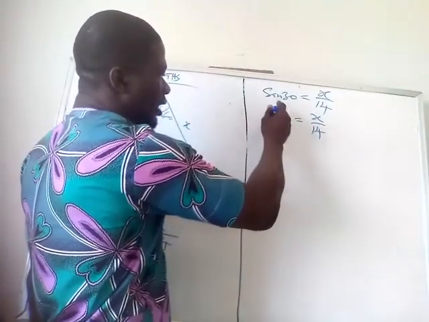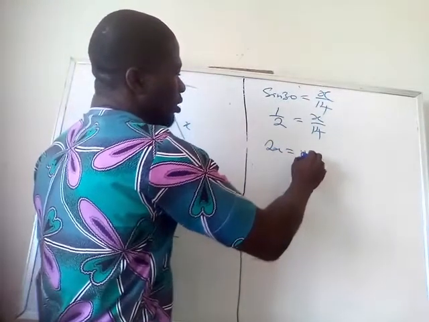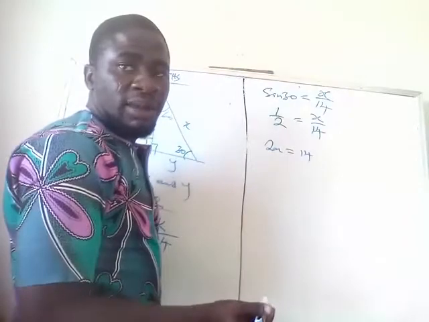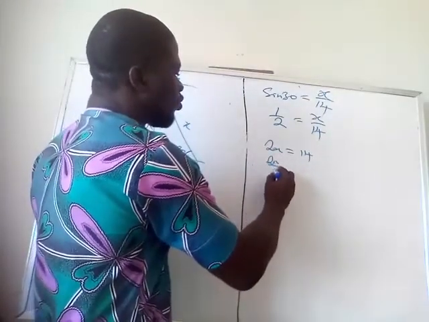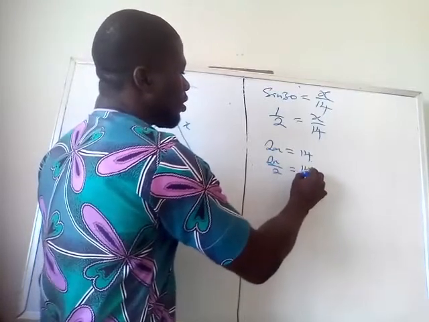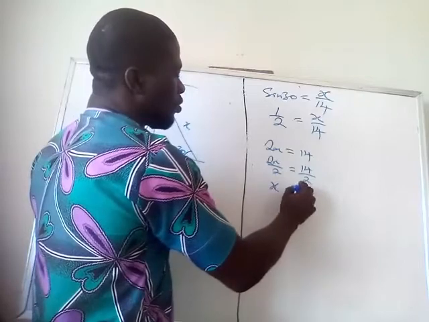This we multiply this, and this we multiply this. We have 2x equal to 14. Divide both sides by 2, the coefficient of x. You have 2x over 2 equal to 14 over 2. So we have x to be equal to 7.